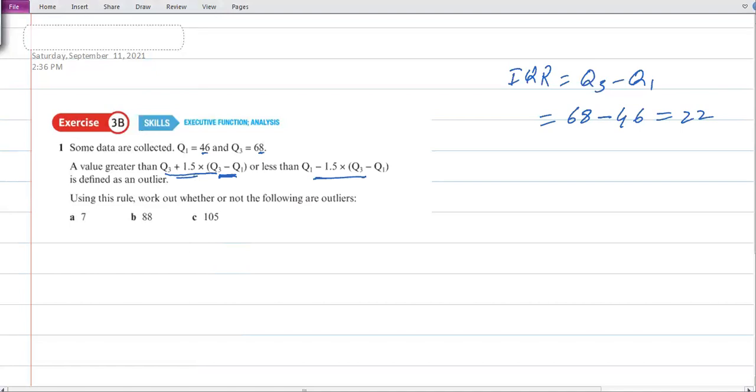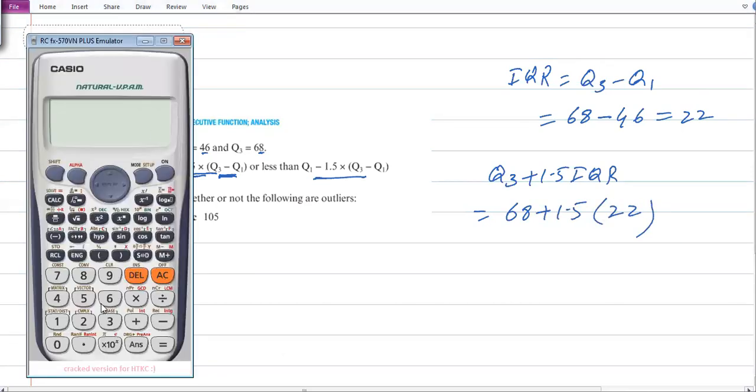Now, first find this factor, Q3 plus 1.5 times the interquartile range. What will this be? Q3 is 68 plus 1.5 into 22. Calculate this one. It is 68 plus 1.5 times 22, that is 101.